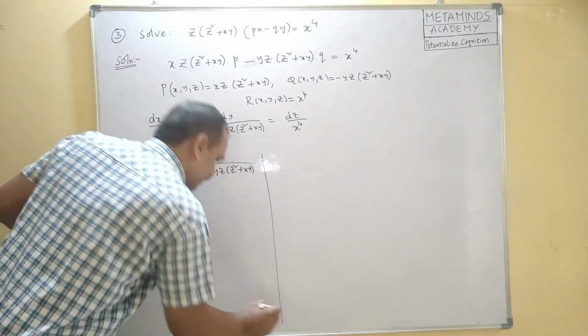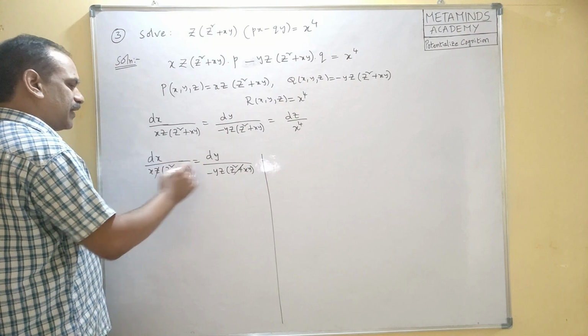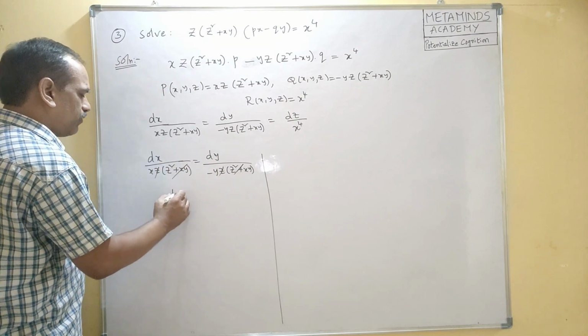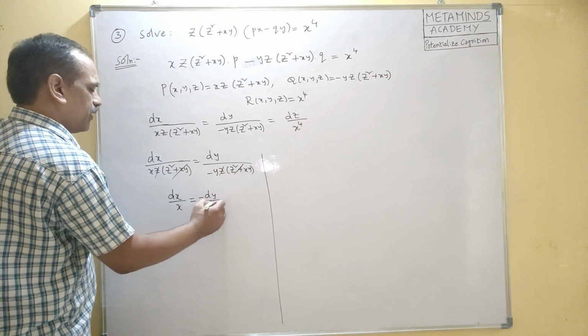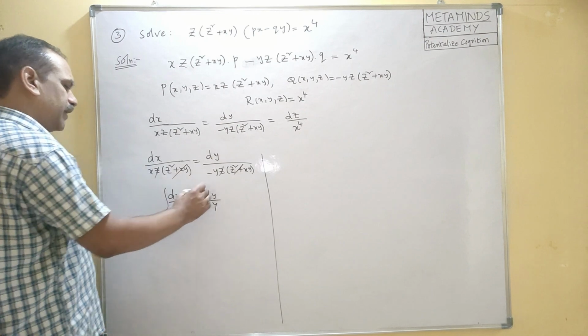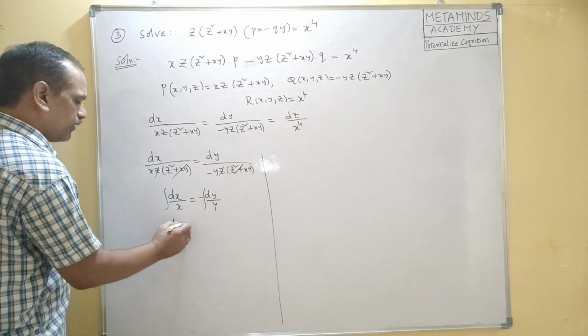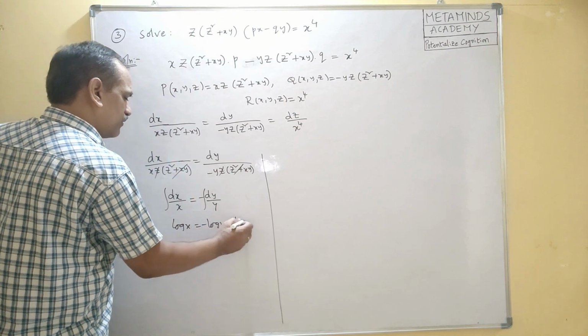You take this pair, here z² + xy gets cancelled, z cancelled, and what do you get? dx/x = −dy/y. Now integrating on both sides, what do you get? Log x = −log y + log c1.